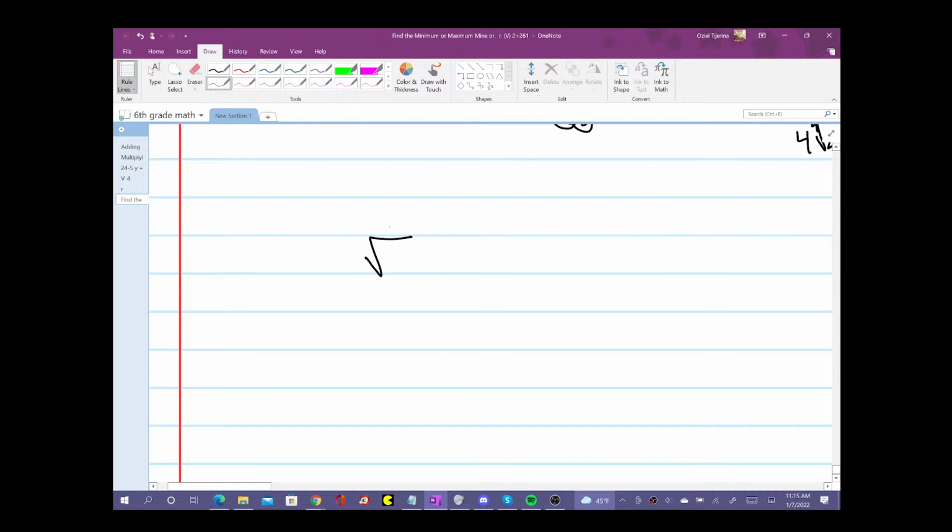So remember, a to the m over n equals the nth root of a raised to the m, right?